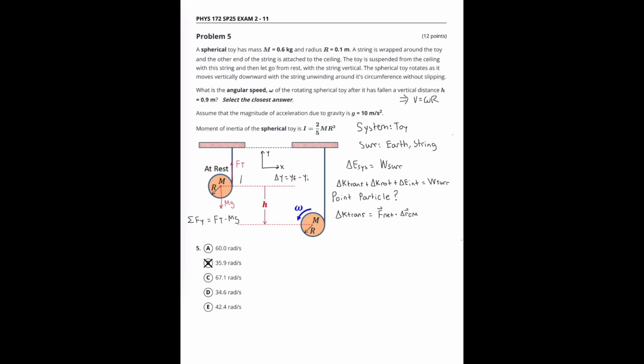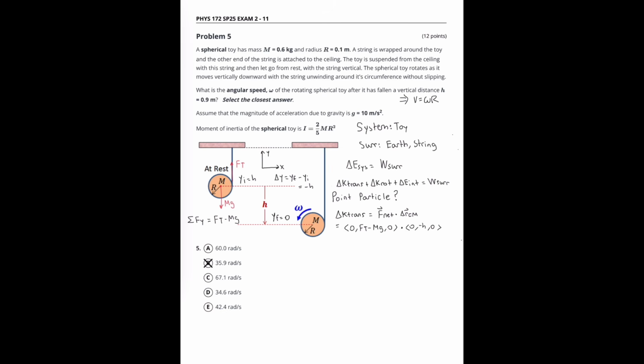So our y initial is equal to h, and our y final is equal to 0. So that will end up giving us negative h in the y direction. So if we rewrite this, we get our vector 0, Ft minus mg, 0, times 0, minus h, 0.